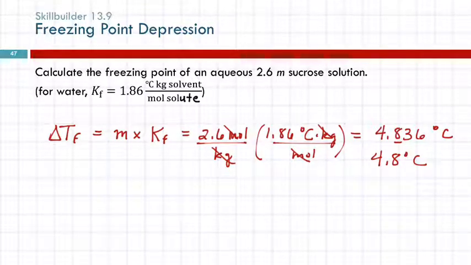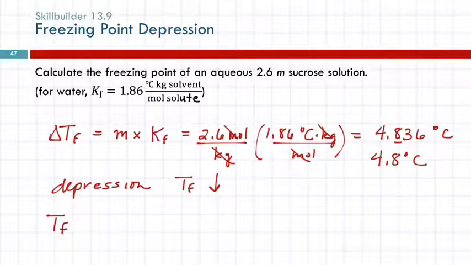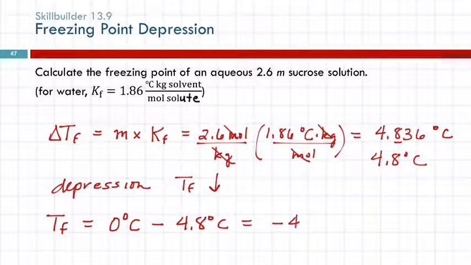So this is the freezing point depression, so that the freezing temperature goes down. So the freezing point is what it started out as, 0 degrees Celsius for the pure solvent, minus the change in the freezing point, 4.8. And so the actual freezing point is negative 4.8 degrees Celsius.